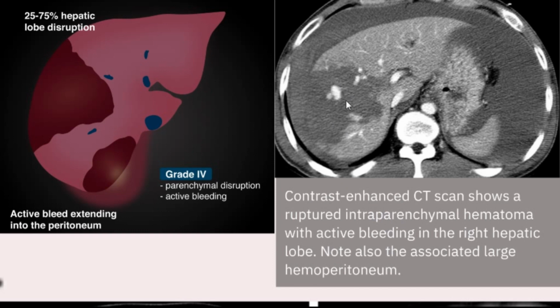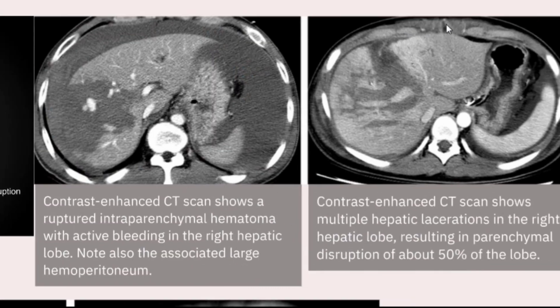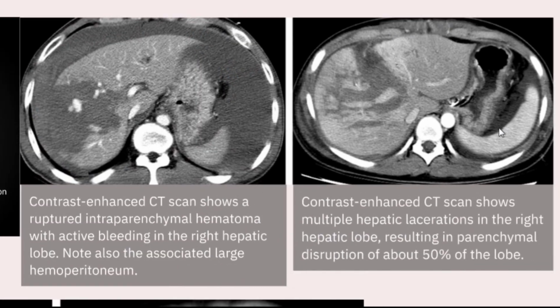We can see areas of hypodensity and also active area of higher density or the active bleeding, and there's an area of low density surrounding the whole liver. So in case that this bleeding has extended to the subperitoneal space. So here's another example for grade 4.